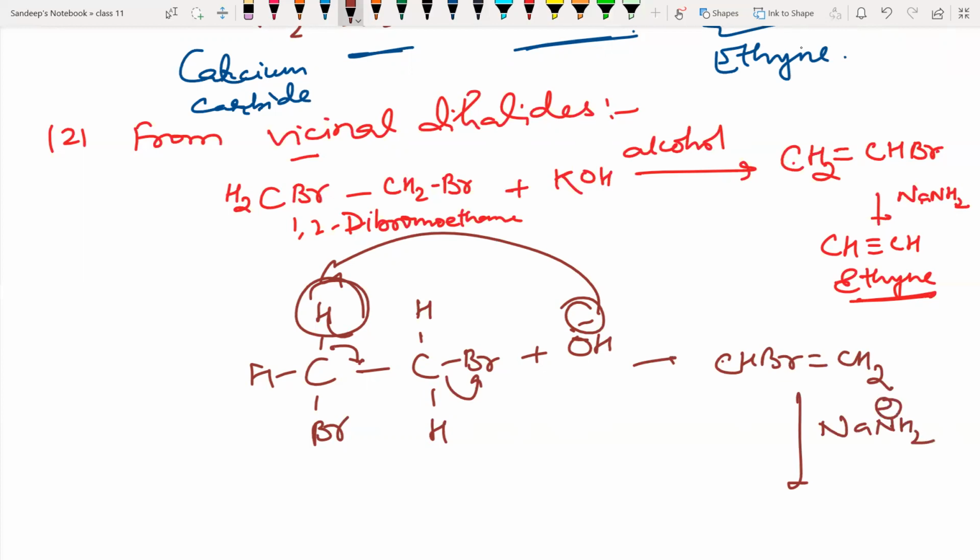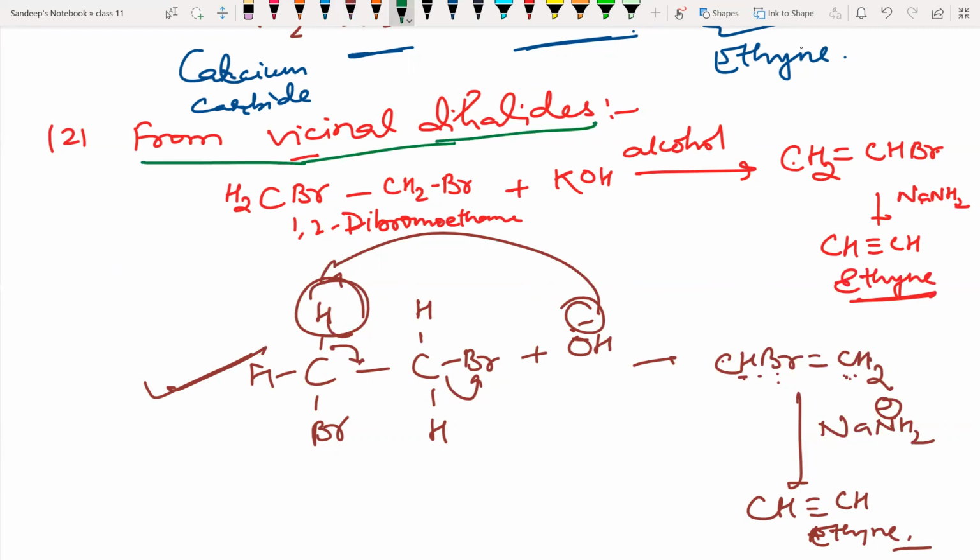So this amide ion will abstract a proton from here, because suppose this is the alpha carbon and this is beta, it will abstract a proton from here, then this bromine will come out. So this will form acetylene. So this is where it happens. Understood? Yes, sir.